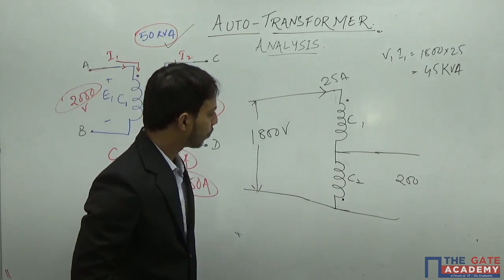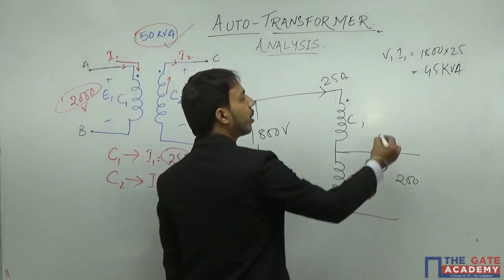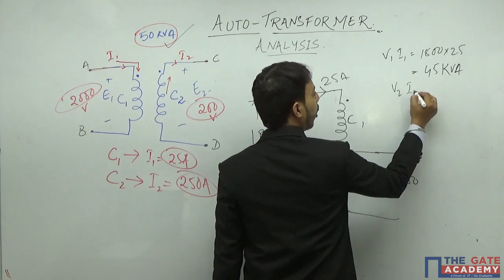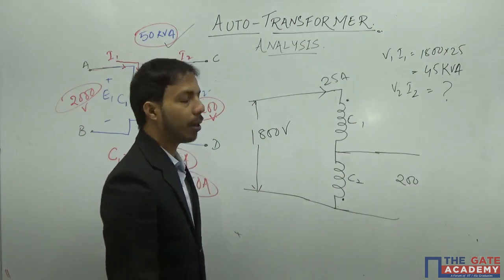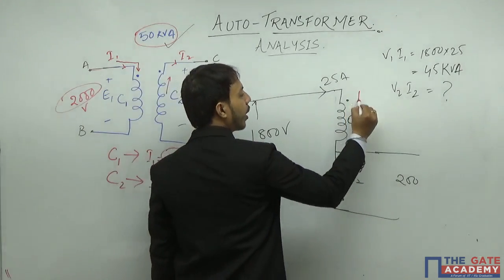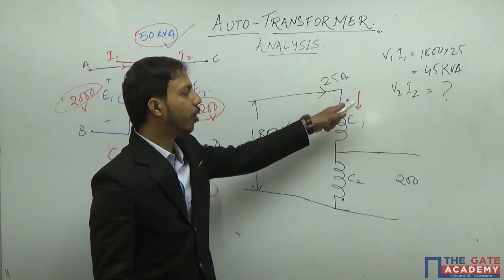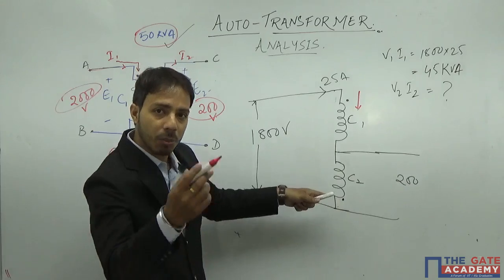Now suppose I need to verify it by finding out whether my V2 I2 is 45 or not. For that, let me apply the same principle. If 25 ampere current is coming inside through the dot point, what will happen in the secondary? Current will come out of the coil.